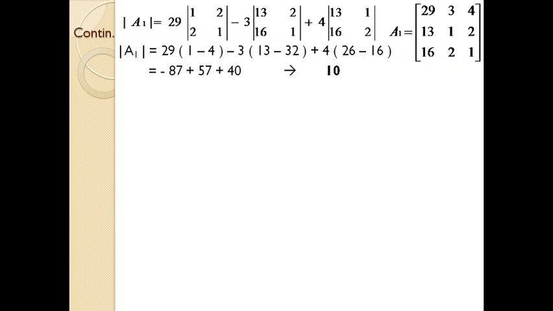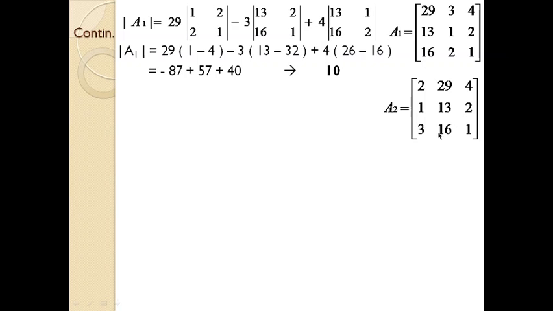So A is over, A1 is over. We have two more matrices to go. Next one, A2. A2 represents replacing the second column of matrix A with B, and you will get this A2 matrix.